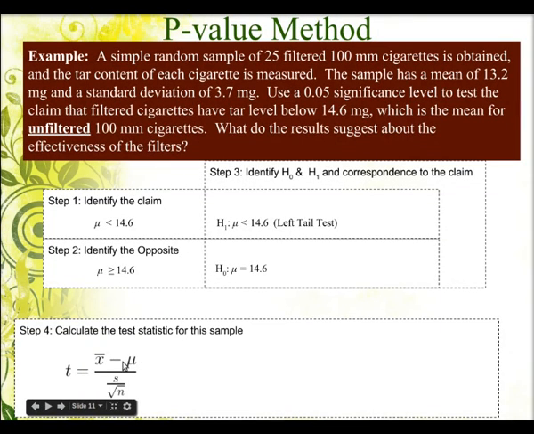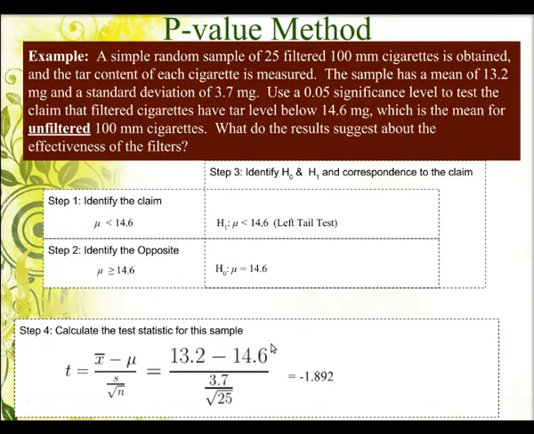Mu, in this case, the population or assumed tar level, is 14.6, which we can get from the null hypothesis. S, of course, is 3.7 milligrams, and n, we sampled 25 filtered cigarettes. So throwing all this into the calculator, we get a test statistic of negative 1.892.